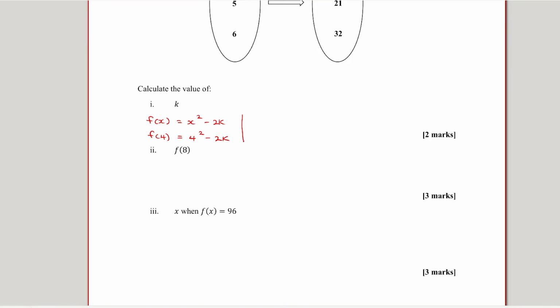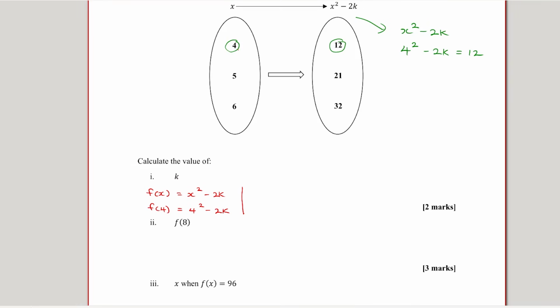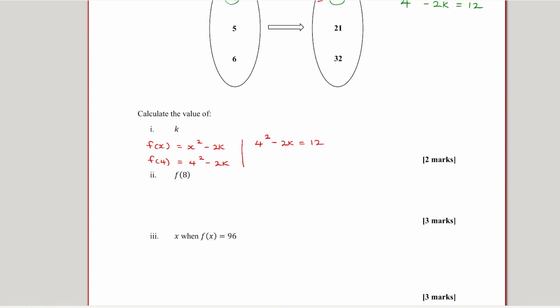However, the question tells us that f of 4 is the same thing as 12. When you substitute 4, the result is 12. So that means 4 squared minus 2k is equal to 12. Then we can simplify. So this is 16 minus 2k is equal to 12.